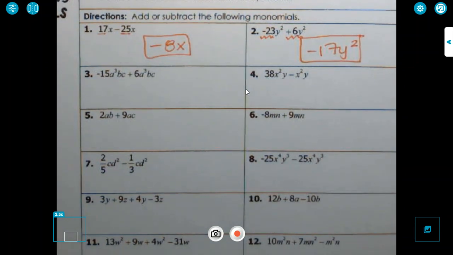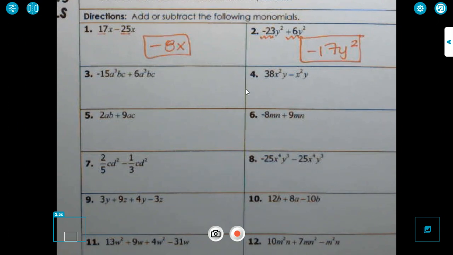So remember when we talked about this, we talked about how you can't put x's and y's together. Okay, but you can put y squareds and y squareds together. All right, so let's look at the next one. Okay, so same thing here. You're looking at the variables and the exponents on those variables.